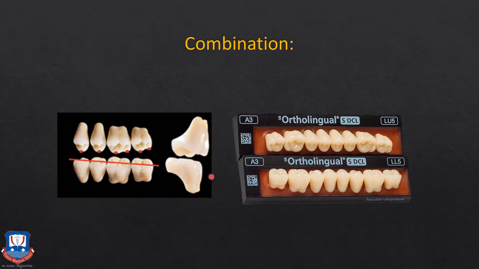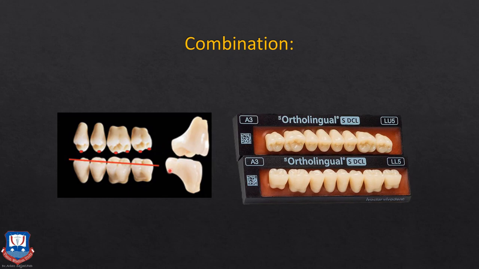It was first advocated by Dr. Alfred Gysi, and is known as lingualized occlusion, in which only the palatal cusps make contact with the central fossa of the mandibular posterior teeth, which have flatter cuspal inclines or zero-degree teeth. Certain manufacturers also make specific teeth for this type of occlusion, known as ortholingual, that is, for lingualized occlusion.